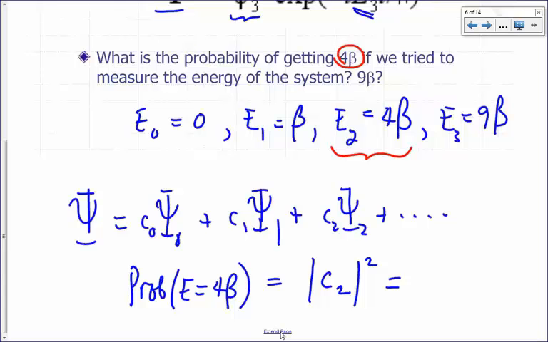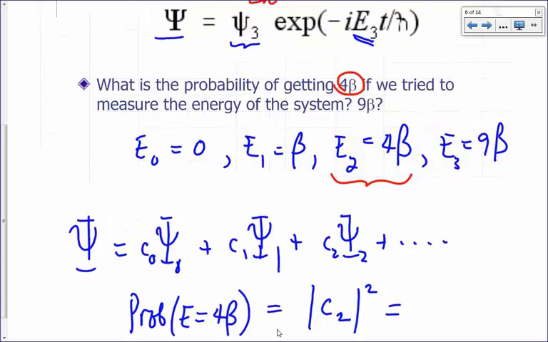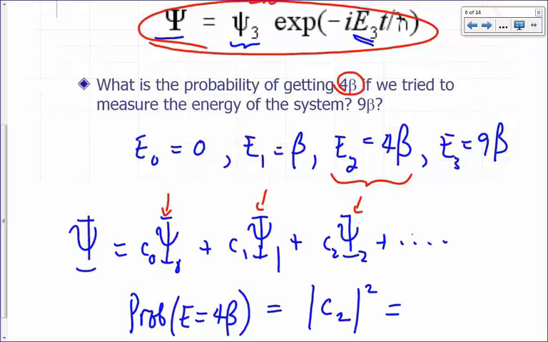What's the absolute value of C2 squared? Okay, here's C0 psi 0, psi 1, psi 2. What's our psi? You're given that psi is C3 is 1 times psi 3, right?